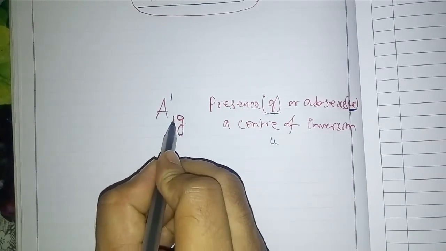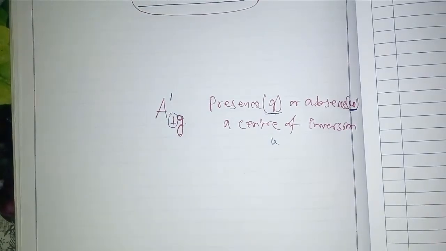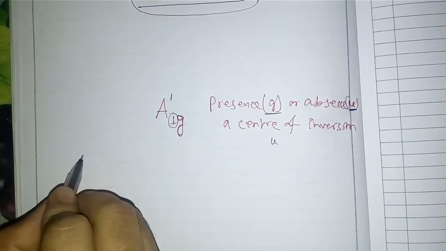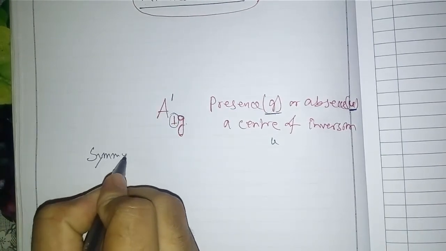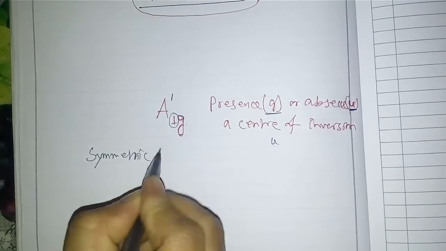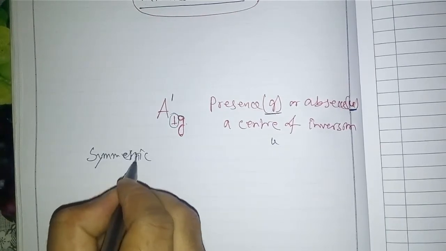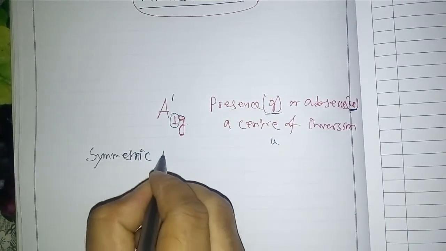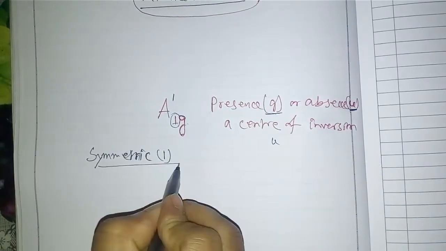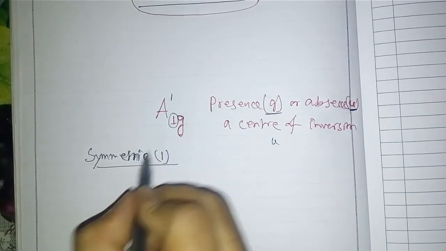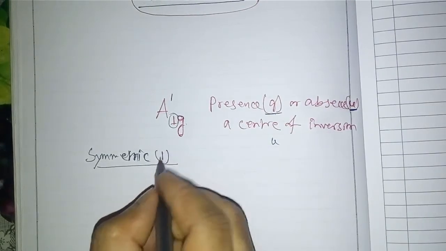Now what about this one? This one is actually symmetric. Symmetric means 1. If 1, then you can write symmetric.